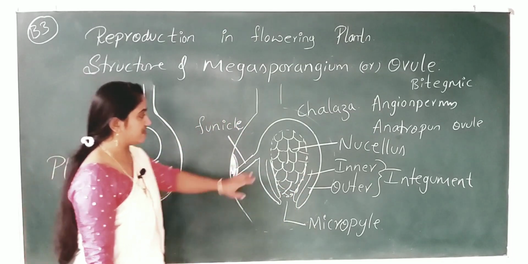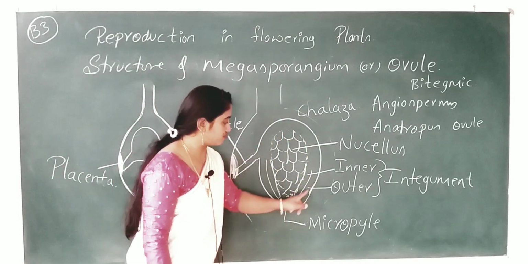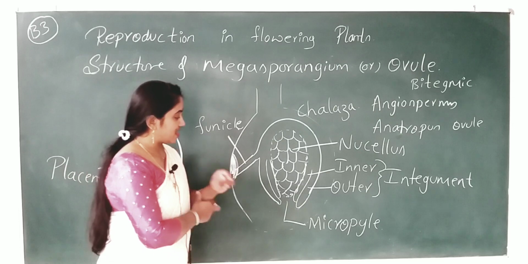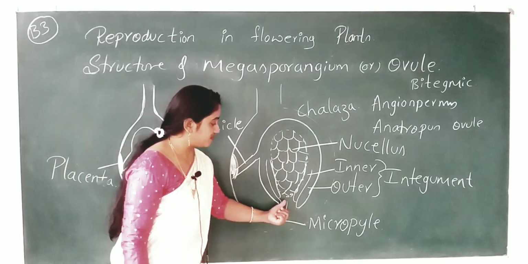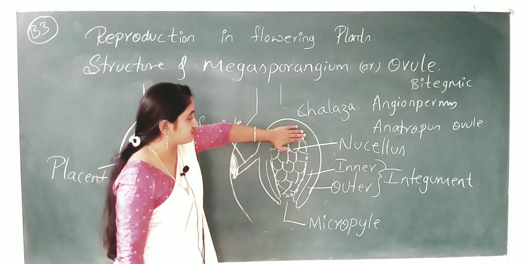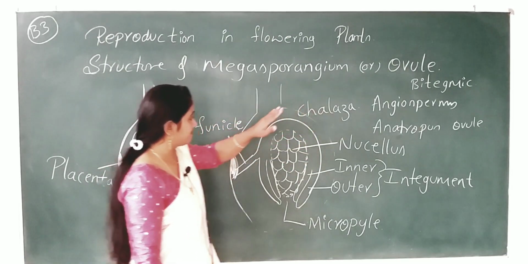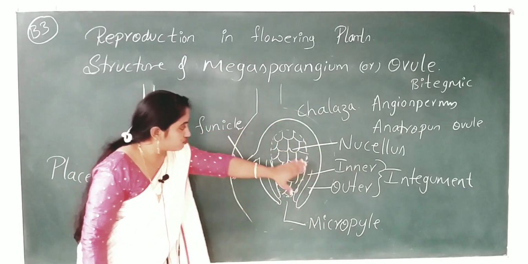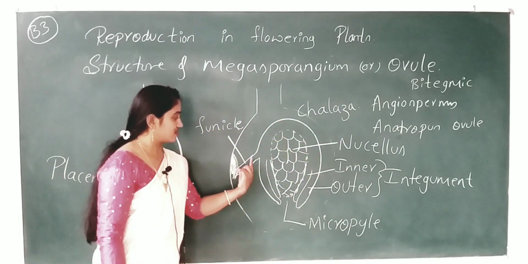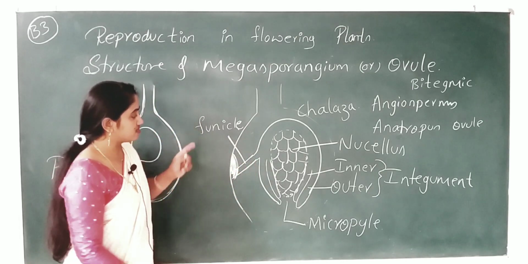Now we have the nucellus protected by two integuments, inner and outer, with a small opening, that is the micropyle. The region where the integuments originate is known as the chalaza, and this ovule has a slender stalk known as the funicle.